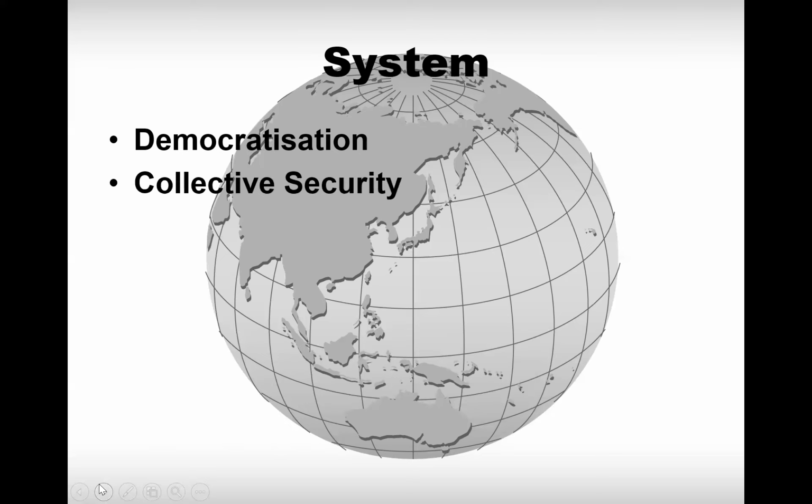A second response will be collective security. This is based on the idea that liberal states, i.e. those states which share a belief that liberty is the basic and universal value, should get together and protect themselves from threats which are posed by illiberal regimes and illiberal ideologies, such as fascism or communism, or arguably authoritarian populism.